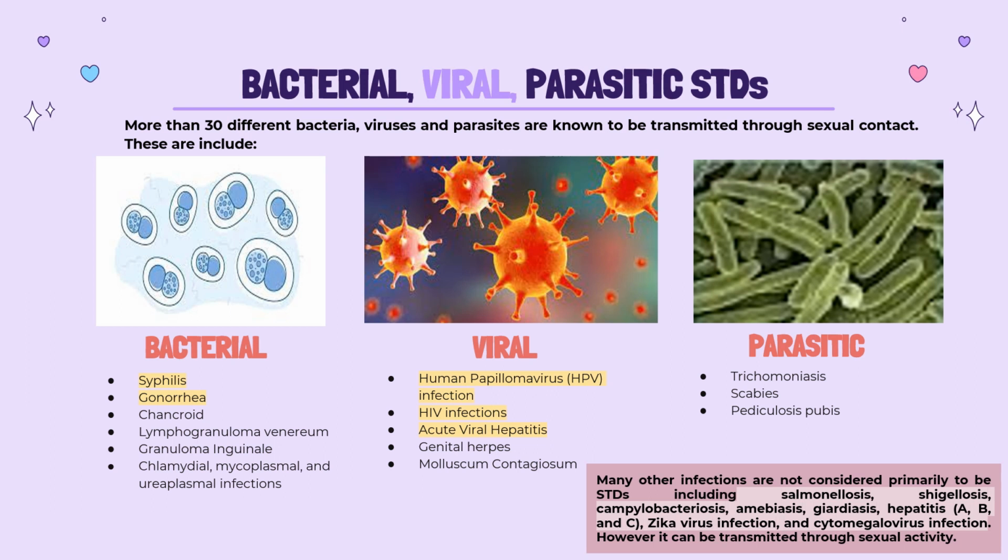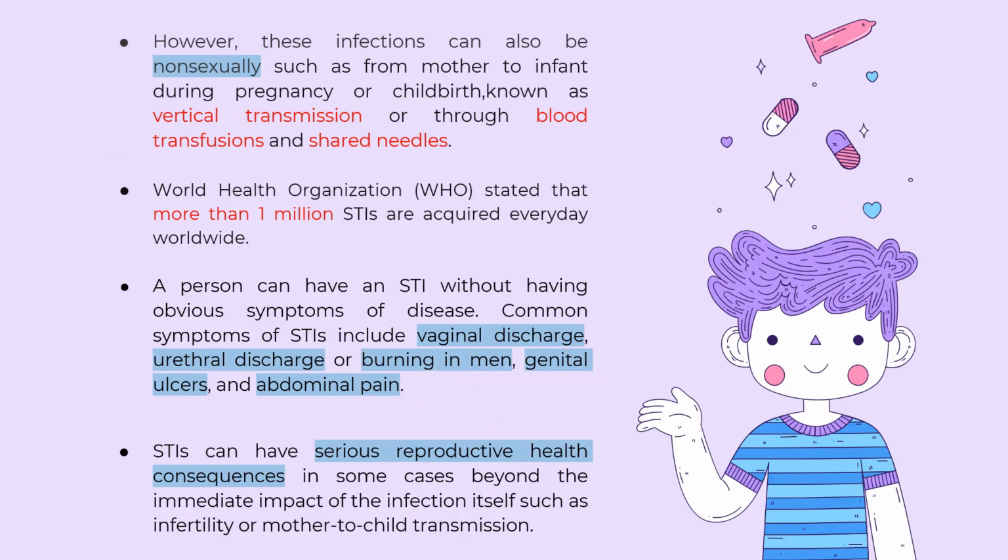However, these can be transmitted through sexual activity. All these infections can also be transmitted non-sexually, such as from mother to infant during pregnancy or childbirth, known as vertical transmission, or through blood transfusion and shared needles.